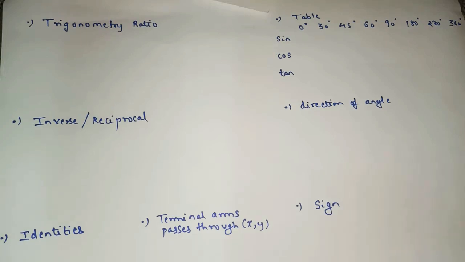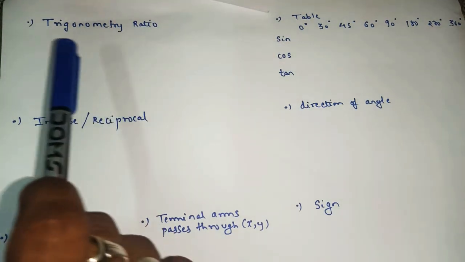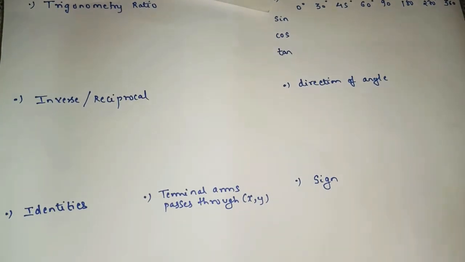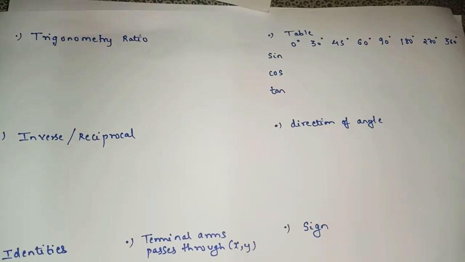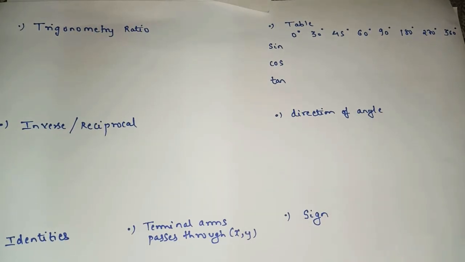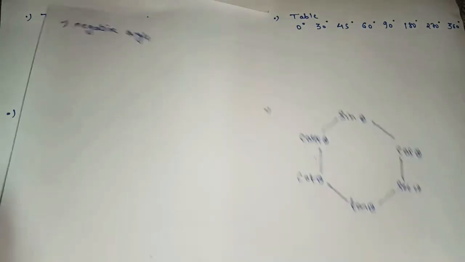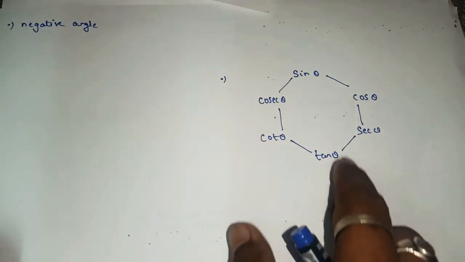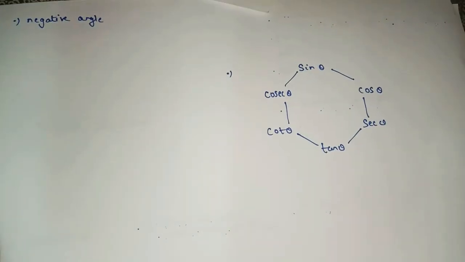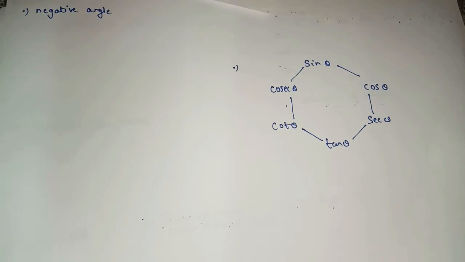The first thing is trigonometric ratios. Then we'll see inverse and reciprocal formulas, then identities, then when the terminal arm passes through x comma y, then there is one table, then direction of angle, then sine, then negative angles, then there is a web chain here which will play an important role for you all to solve the sums of your exercise.